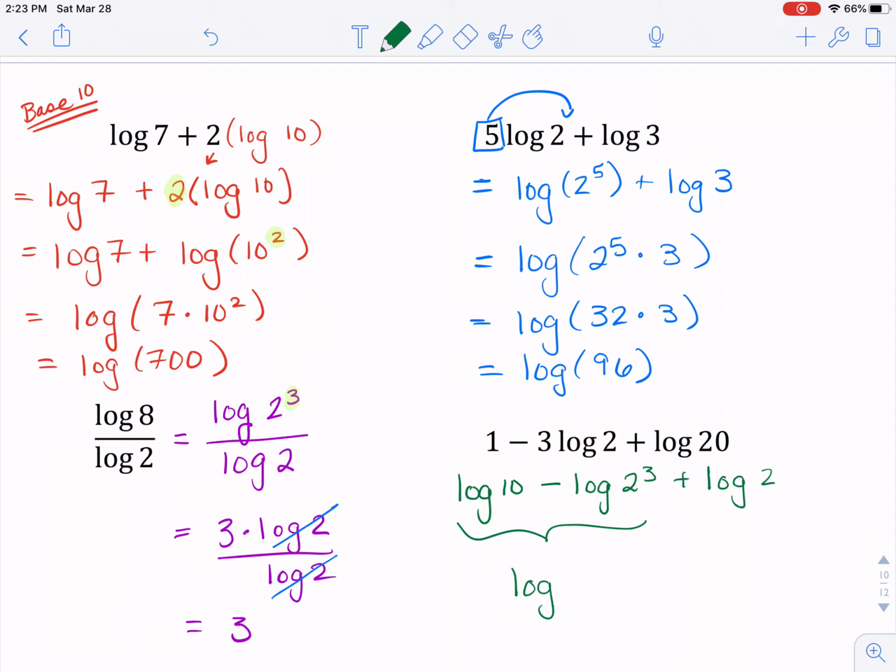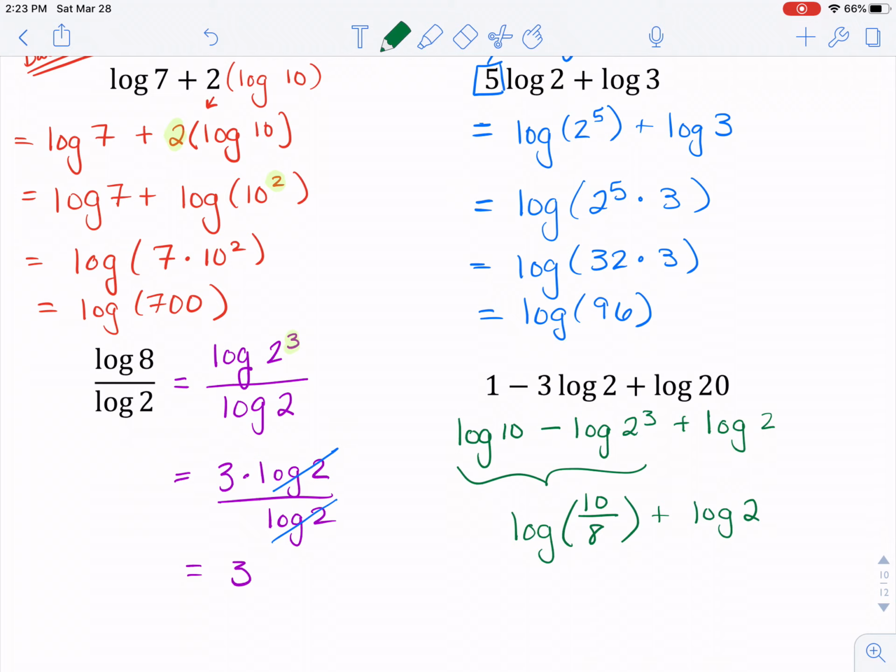So we're going to do log of 10 divided by 8, plus log of 2, which now it's addition, so it becomes multiplication. Log of 10 over 8 times 2, which simplifies into log of, 2 cancels 8 4 times. This becomes 5, this becomes 2. Log of 5 halves. And I'm going to leave it as the log of 5 halves.